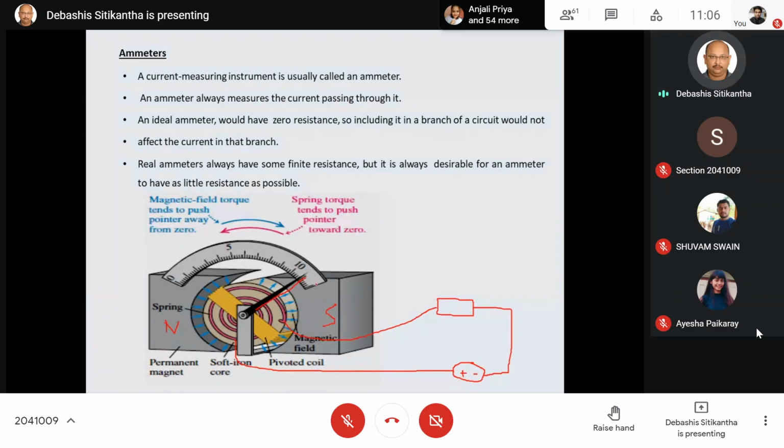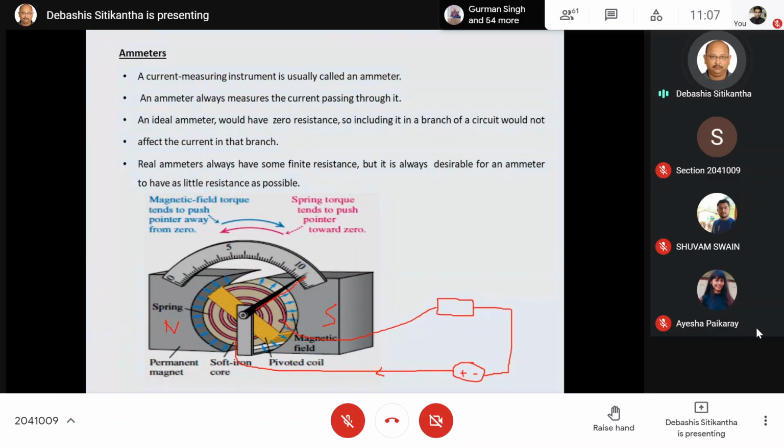And the best part is that the movement of this particular pointer over this graduated scale is going to be proportional to the amount of the current flowing through the coil. That means if the amount of current is low, then obviously the angle of deflection by this pointer is going to be low and it is going to show you a low value of current.